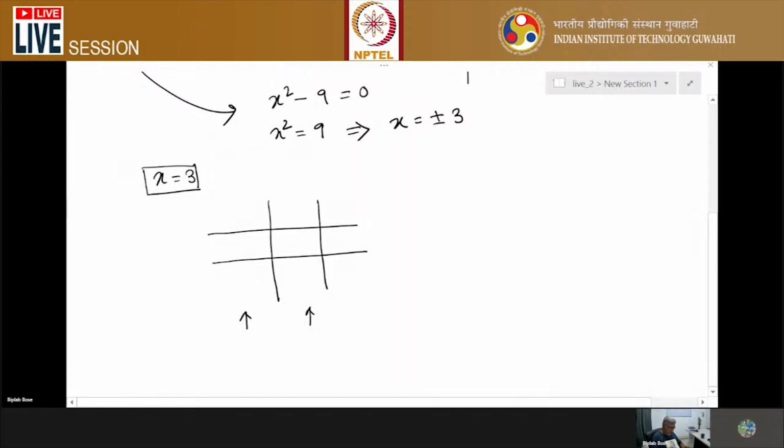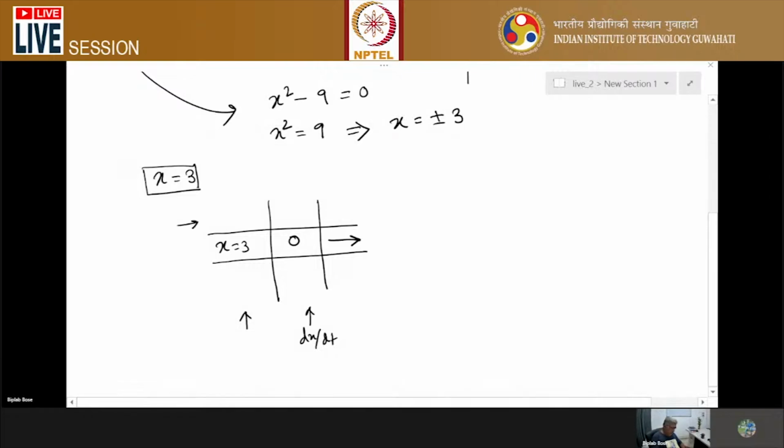In the second column, I should have dx/dt, or rather, I do not need to calculate dx/dt, only whether it is positive or negative, I will write. So, first x equal to 3. x equal to 3 is a steady state, that means dx/dt will be 0. 3 square is 9, 9 minus 9 is 0. So, I will put an arrow like this, horizontal, because it is a steady state.